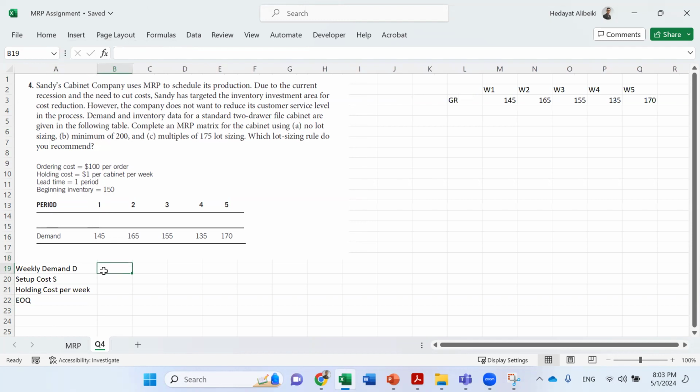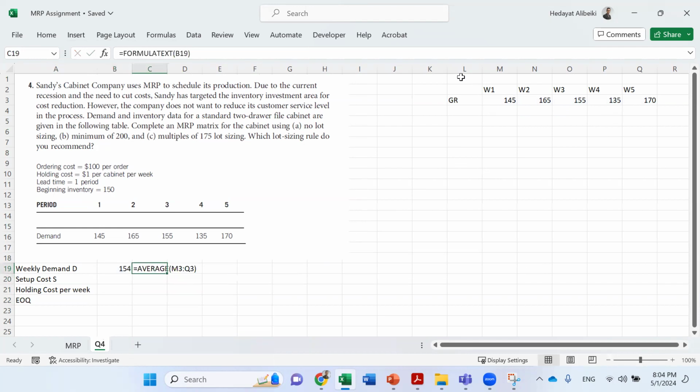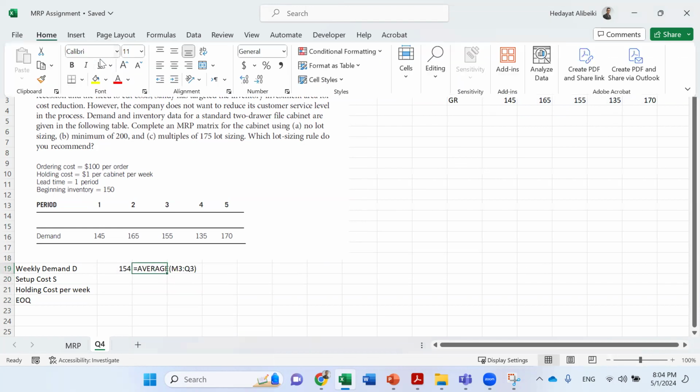Weekly demand, I don't have it here, so I'm just going to use average weekly demand. I know that we don't have a lot of data points here, but since the numbers don't fluctuate, hopefully that estimates a good one.